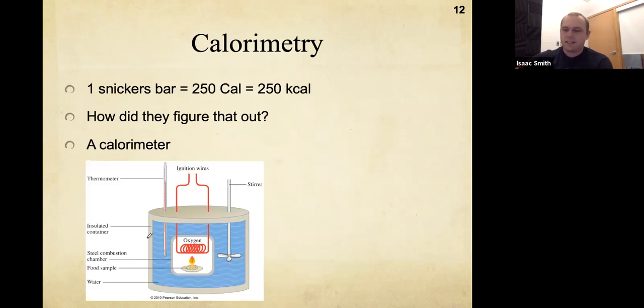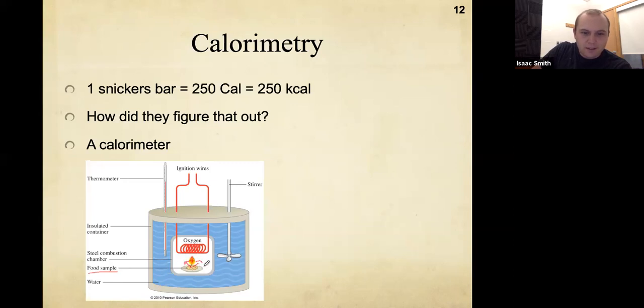is, this is an image of a calorimeter, okay? So you have your food sample right here. So imagine you have a Snickers bar in this calorimeter, and then you light it on fire. Well, the amount of energy that's released is going to be released in the form of heat, right?